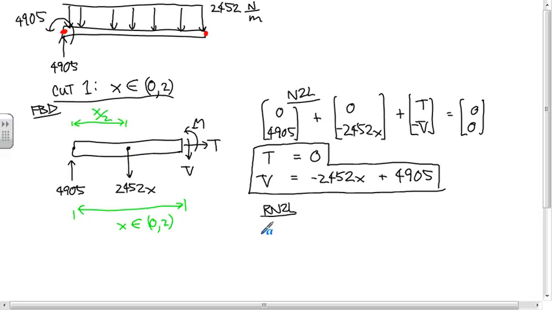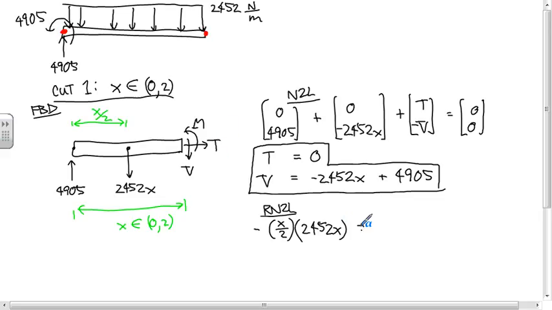So negative 1226x squared. Let me break it up first. We have a negative moment produced by a moment arm of x over 2 and a force of 2452x.